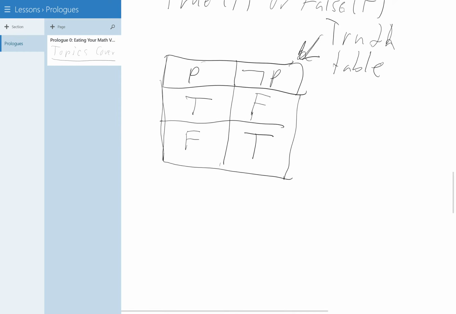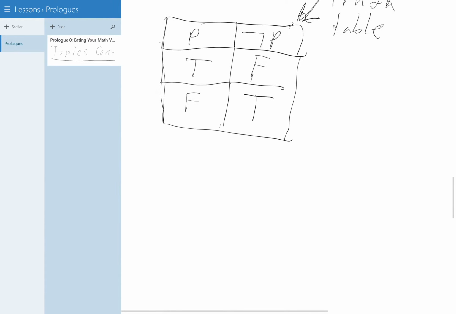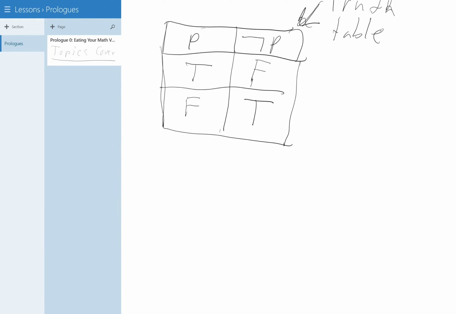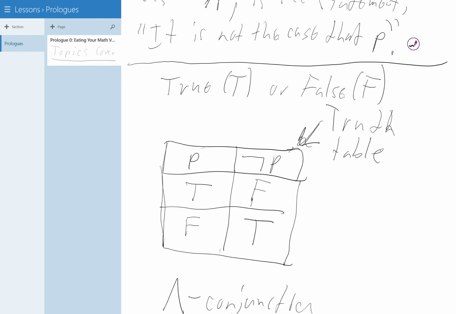So one more. So this was our not. Then, of course, you have things like 1 plus 1 equals 2, and it did rain today, right? And that's what we call the conjunction operator, or the conjunction. You can think of this as an and statement in English, right? You can think of the negation operator as a not statement in English.